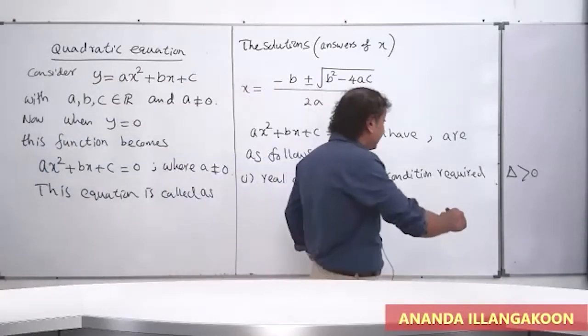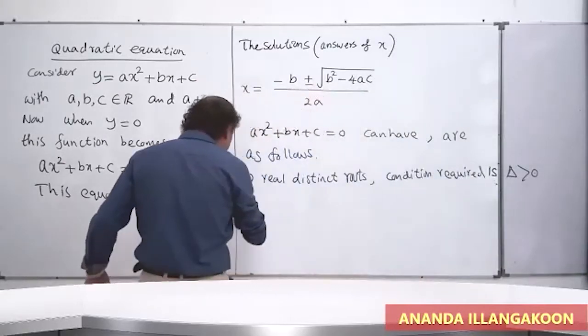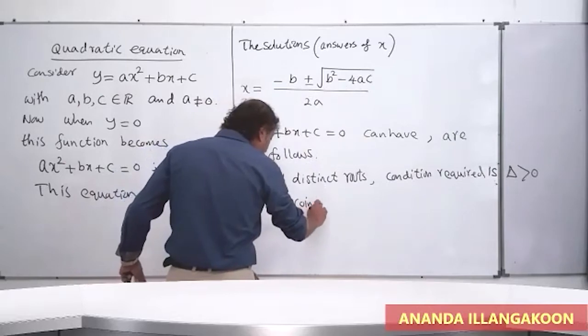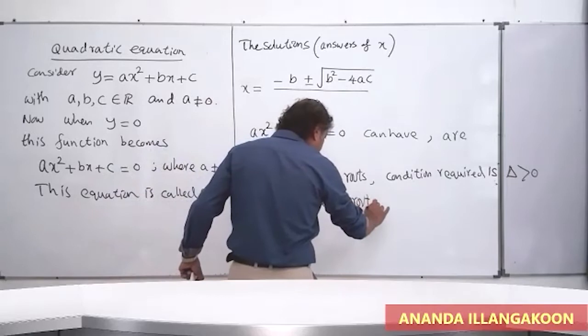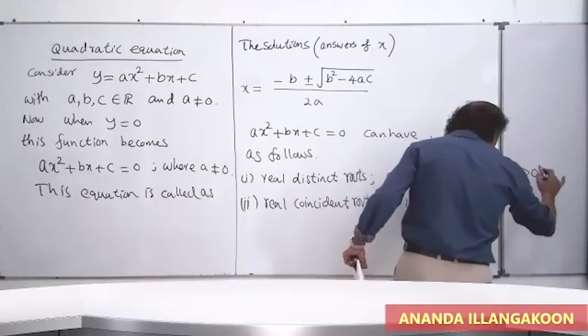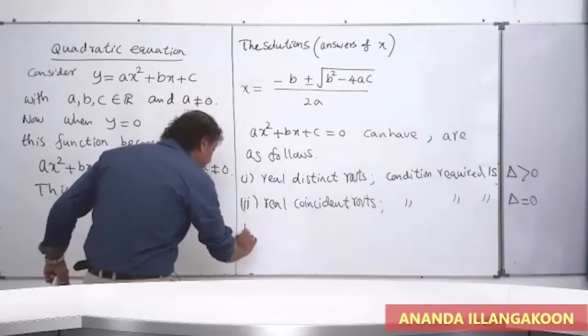Number two: real coincident roots. Condition required is delta equals 0. Next one, people, imaginary roots.